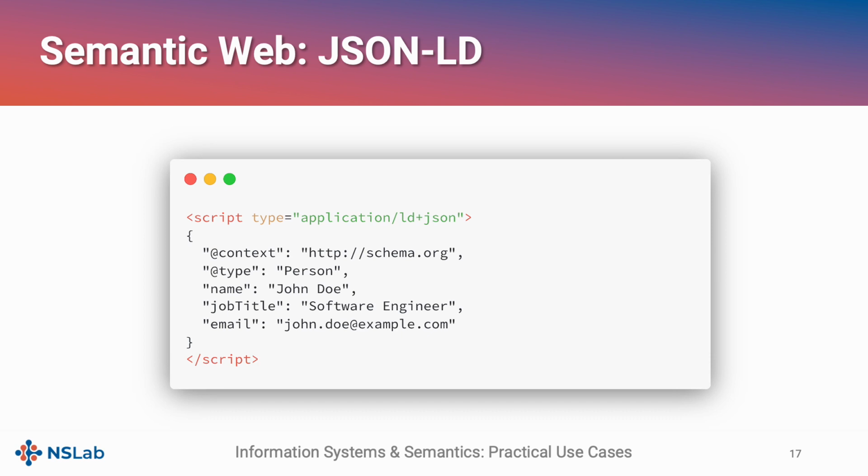So for example, if I were John Doe, software engineer, and I had my personal web page, I could place a fragment like this, and then the SEO bots and other tools could easily query this information from the website without any need of scraping the HTML.